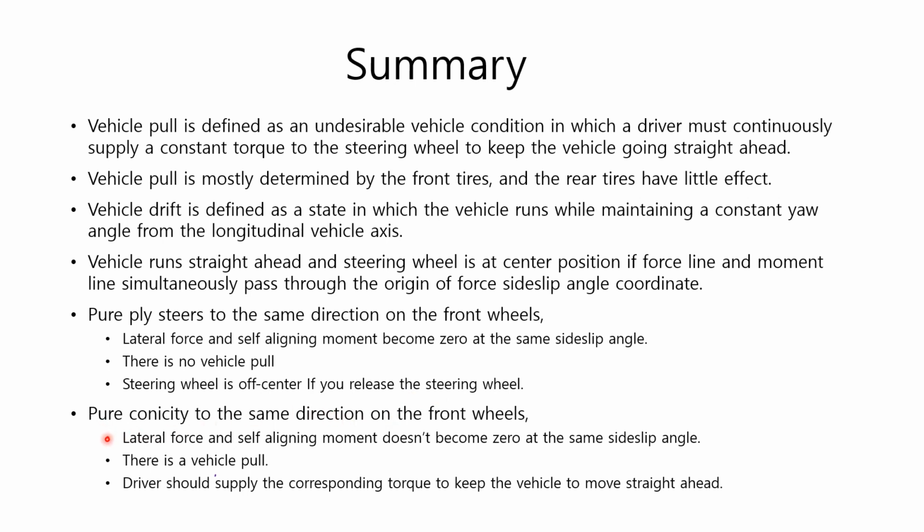In the case of pure conicity in the same direction on the front wheels, lateral force and self-aligning moment don't become zero at the same side slip angle. There is a vehicle pull. The driver should supply the corresponding torque to keep the vehicle moving straight ahead.